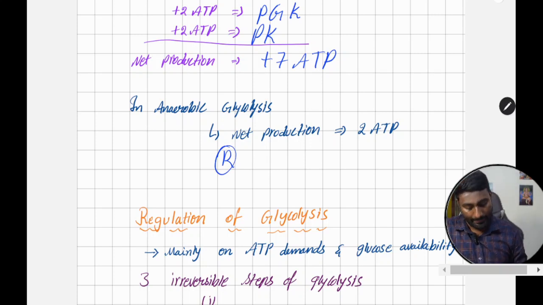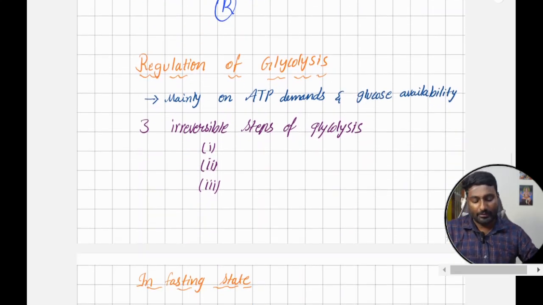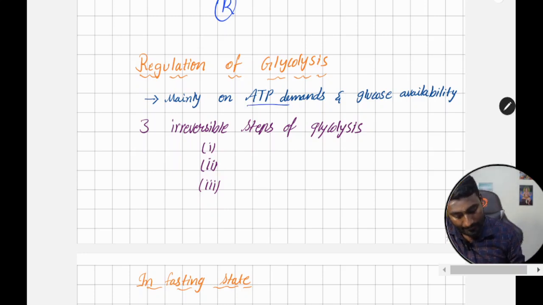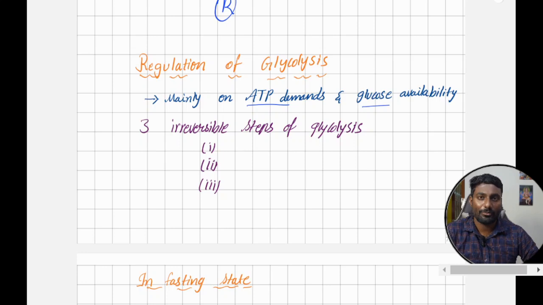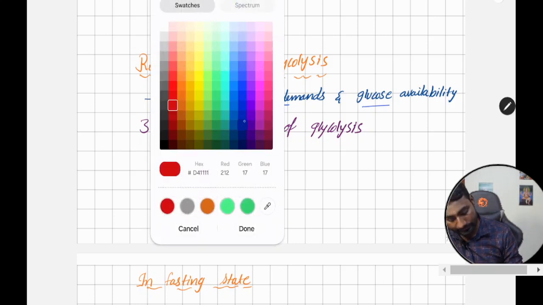Now we will see the regulation of glycolysis. If you see the regulation, it is mainly based on the ATP demand and glucose availability. So that is one of the reasons. If there is an energy rich state, ATP and citrate are going to inhibit which enzyme? The regulatory enzyme PFK1. Now, what are the three irreversible steps which happen in glycolysis?